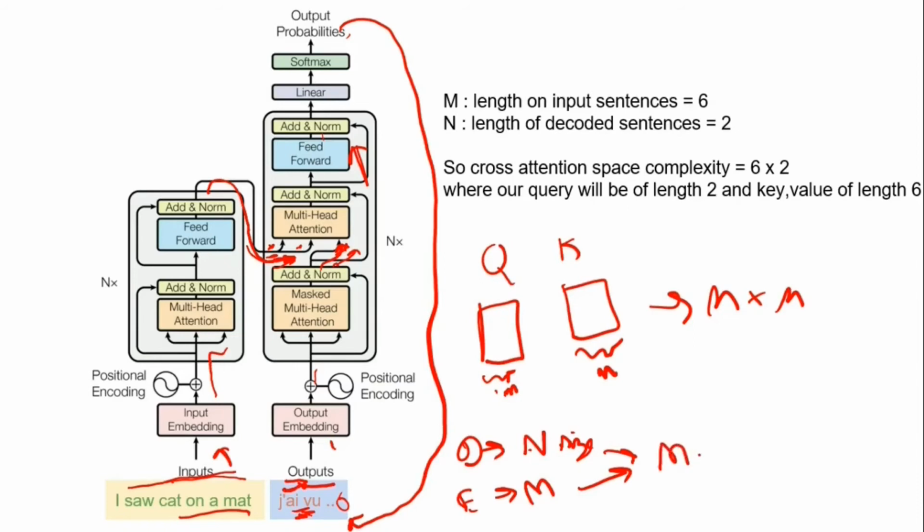It will be M into N, where N is less than M. And because of this logic, the complexity has changed from quadratic to multiplicative, where it wouldn't be increasing proportionally as we have seen on the previous chart.